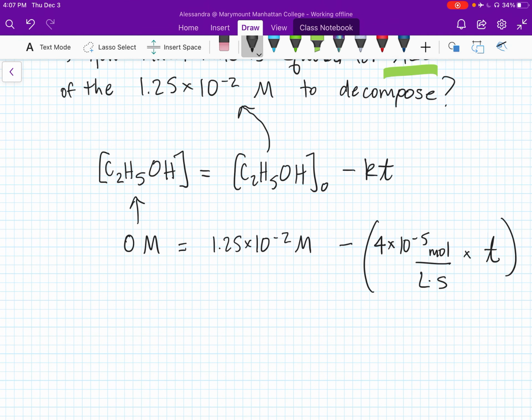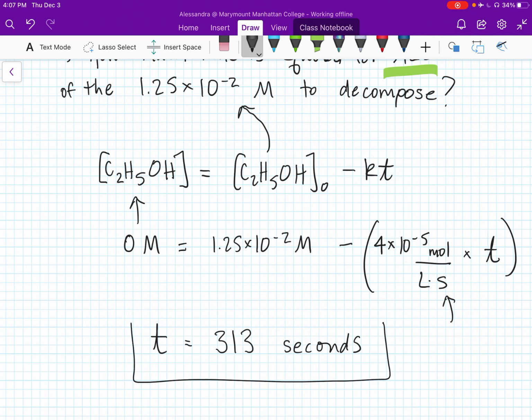So if you do the algebra here and solve for t, you should be able to get a t that is 313 seconds. The units come from the denominator of K here.